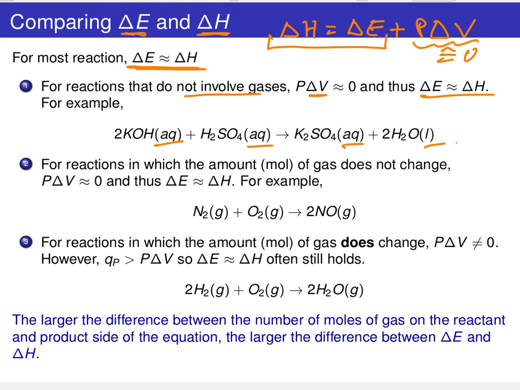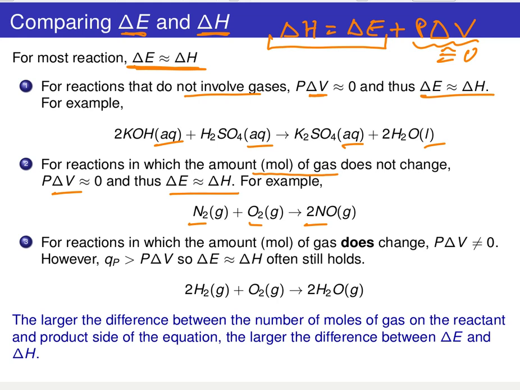Okay. Now you could of course have a chemical reaction equation where you do have gases, but if the number of moles of gases doesn't change, for example, 2 moles on the left, 2 moles on the right, then once again, the change in volume is going to be close to zero, and enthalpy and internal energy changes are going to be roughly the same.